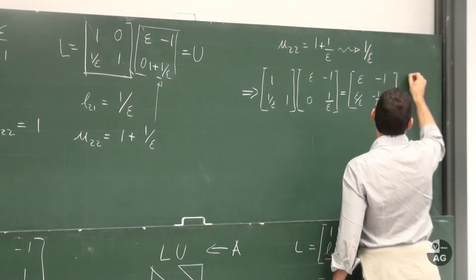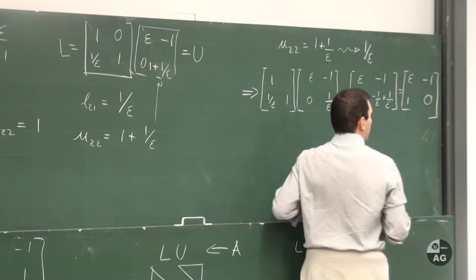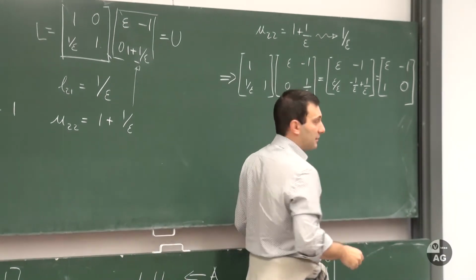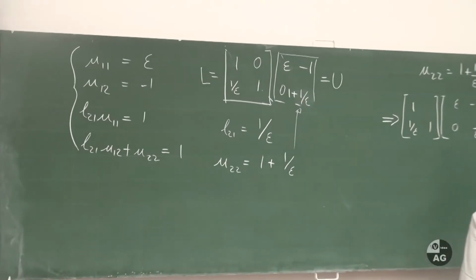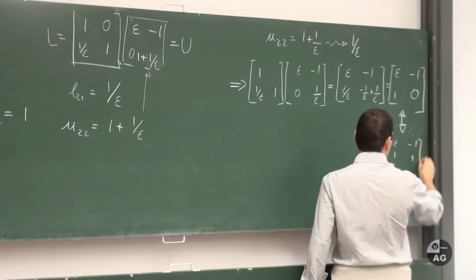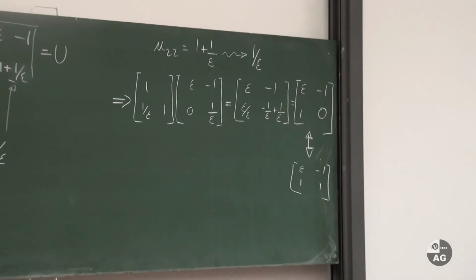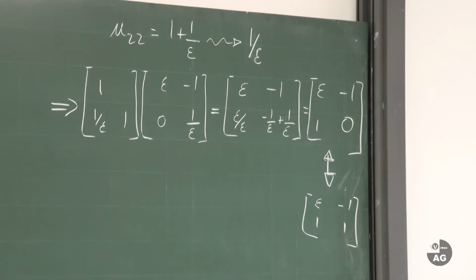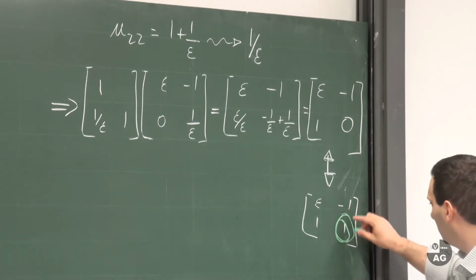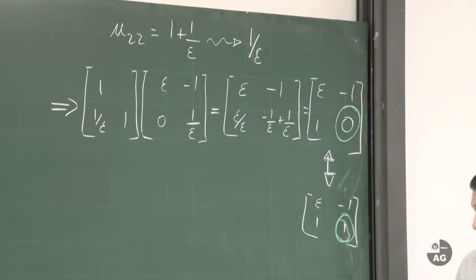So my final matrix is this, and I started from epsilon, minus 1, 1, 1. There is 100% loss of accuracy. We add a 1, we find a 0. We add a 1 here. Okay, that's a 1. And we go back to 0. So we cannot reconstruct the original matrix at all.